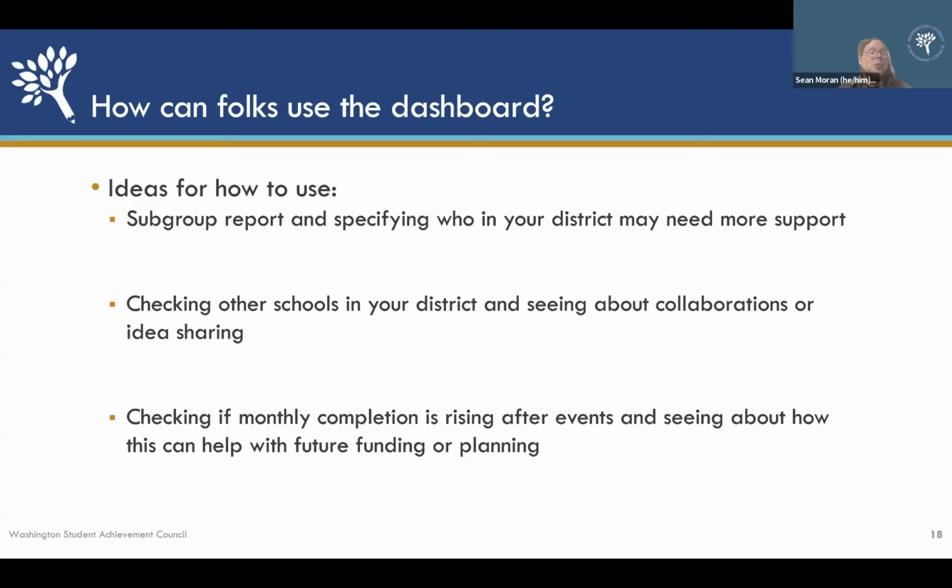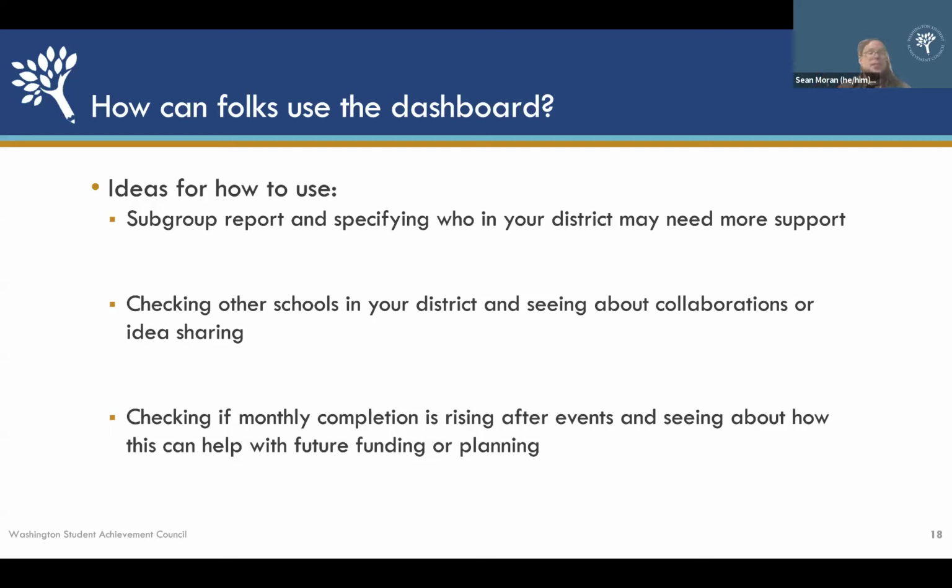And then checking if monthly completion is rising after events and seeing about how this can help with future funding or planning. So, by using things like the historic trends or looking at the current FAFSA completion map and where you're at different points, this can be a way for you to talk to your administration about, well, this was where we were at.